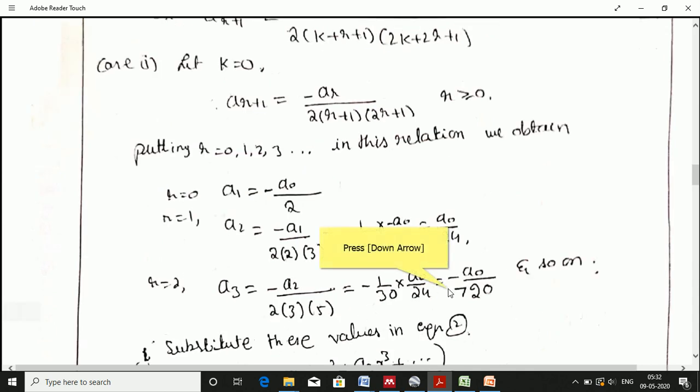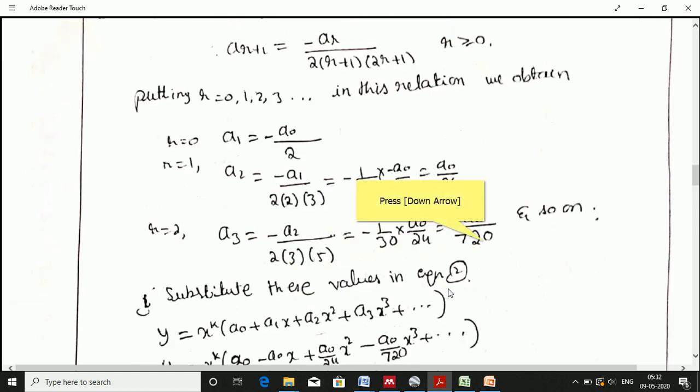For r equal to 2, a3 is equal to minus a2 divided by 30, that is minus 1 by 30 into a2, whose value is a0 by 24. So it is minus a0 divided by 720 and so on.